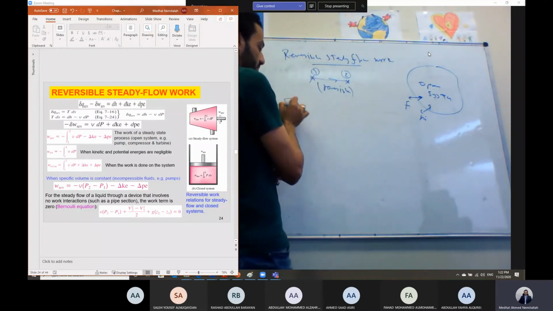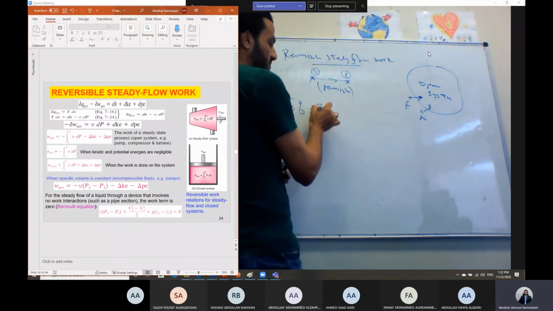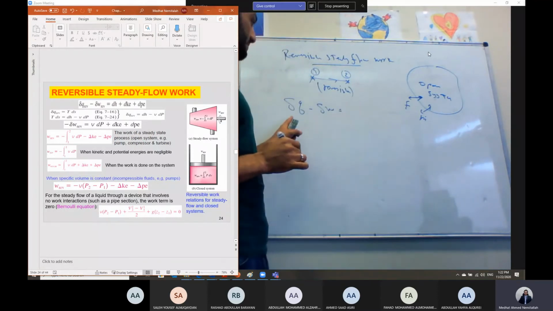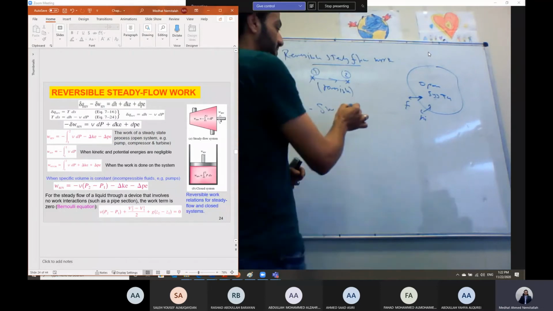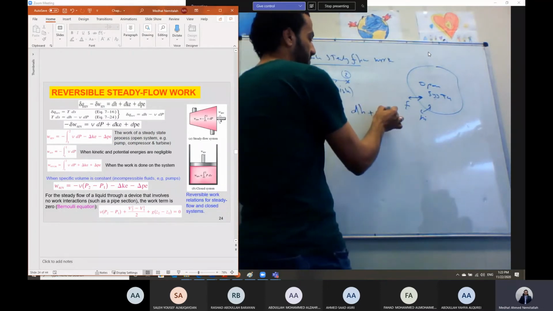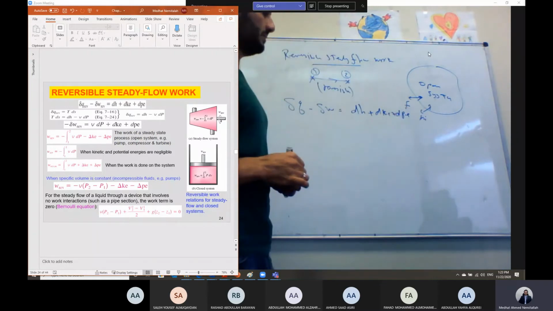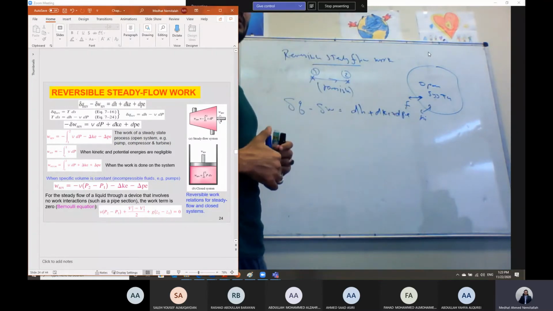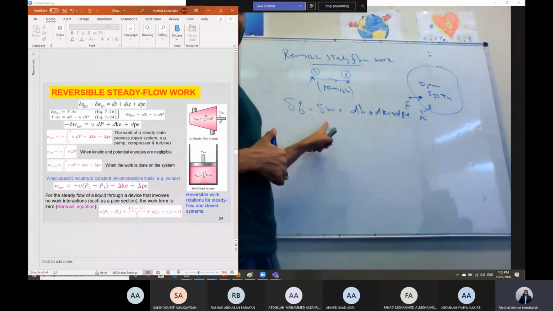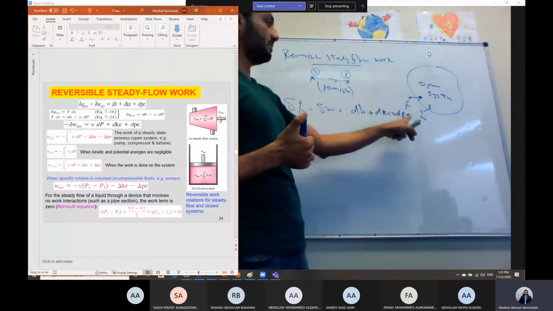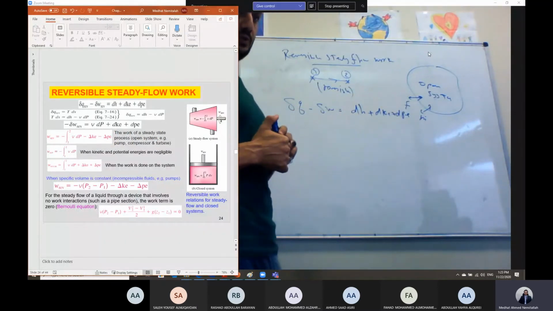Let's summarize the first law equation. We can say delta Q minus delta work, in the specific and differential form, should equal delta H plus a change in kinetic energy plus a change in potential energy. So we said Q dot minus W dot, based on chapter 5, equals m dot multiplied by delta H plus a change in kinetic plus a change in potential.